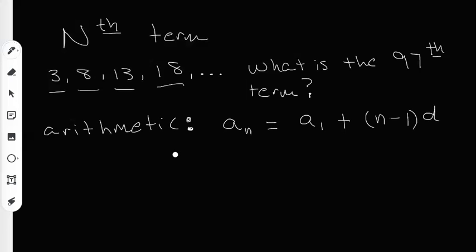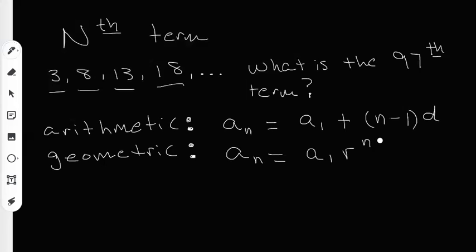This is called the arithmetic nth term formula. And let's say you have a geometric sequence instead, which we'll look at later. The geometric formula would be pretty similar. It's going to be AN is equal to A1, which is the first term, times R to the n minus 1 power. That's going to be my geometric nth term formula. Okay.